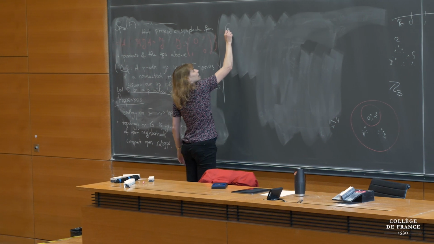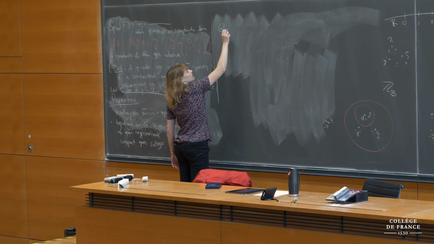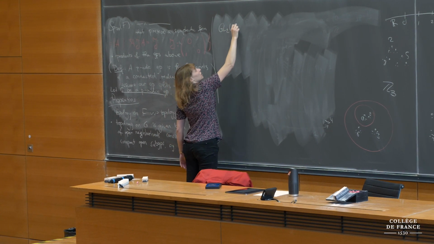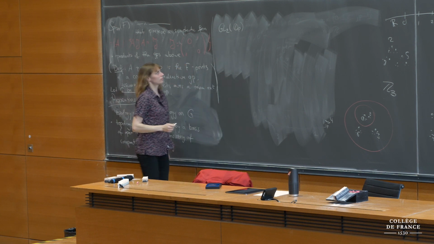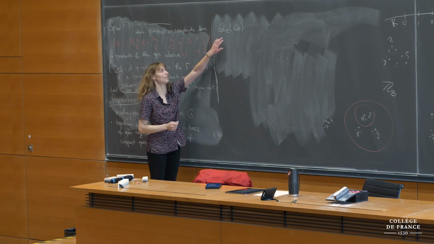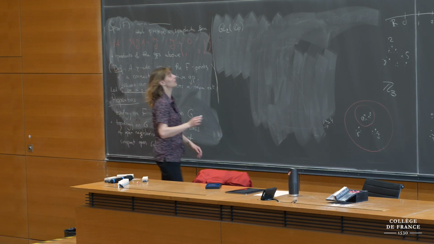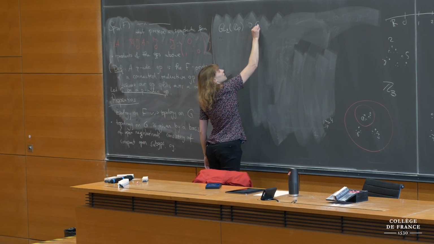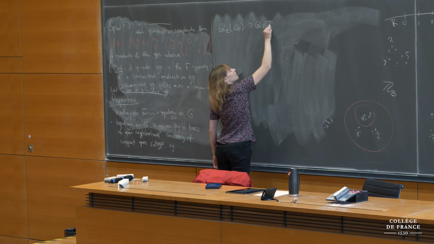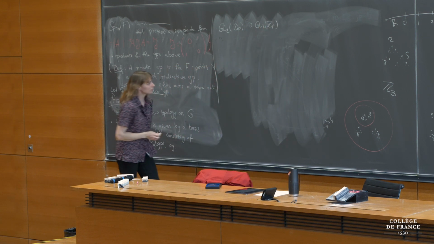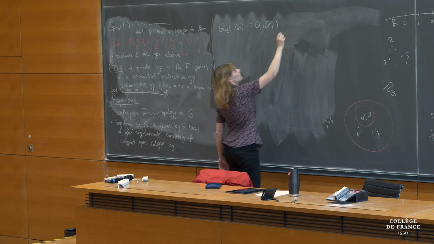So let's take GL2 of Q_p. You can also take GLN of F. You see immediately how to generalize it. It's just easier to write GL2 on the blackboard. Inside there, we have GL2 of Z_p. That's a nice compact open subgroup.